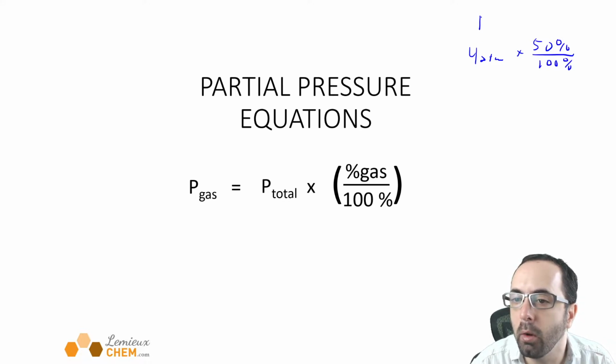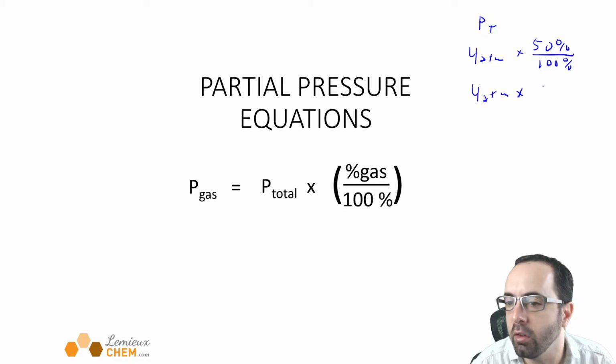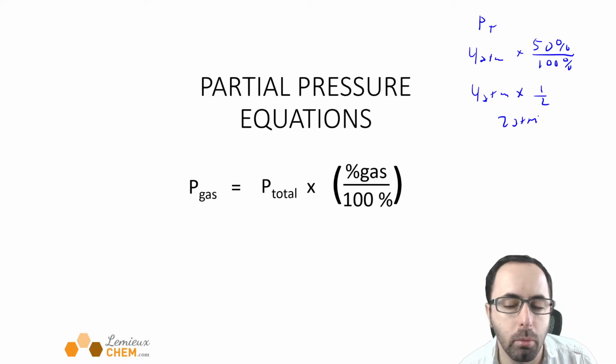So this is the total pressure, and this is the percentage turned into a decimal. So we'd have 4 atmospheres times 1/2, and so our partial pressure of that gas would be 2 atmospheres, or half of the total pressure.